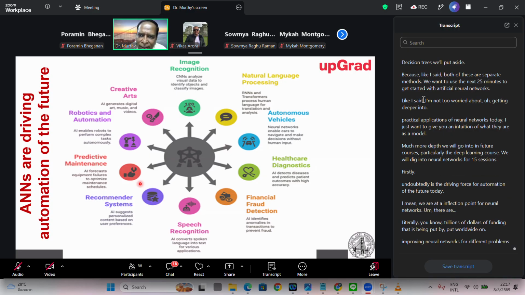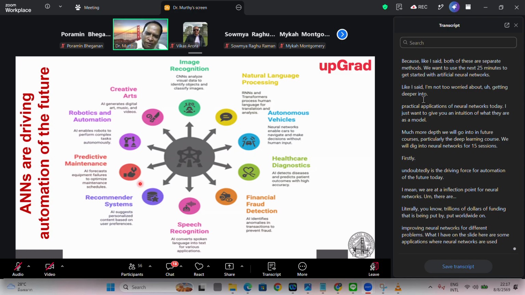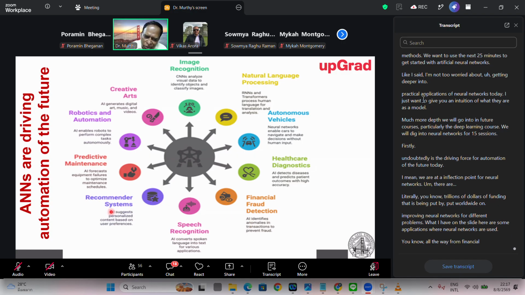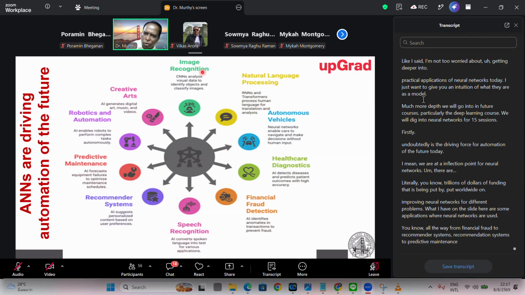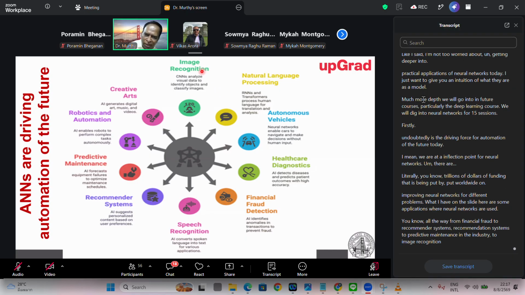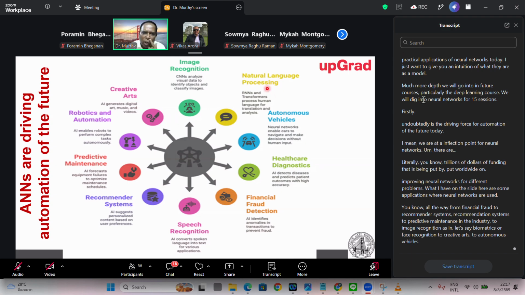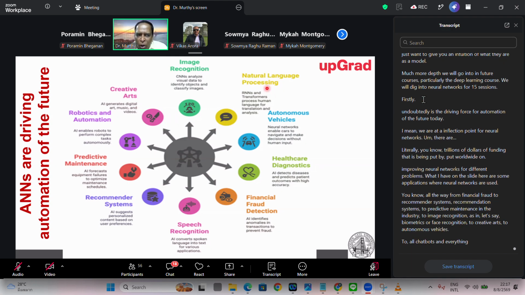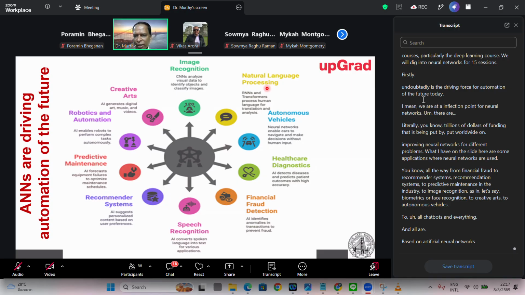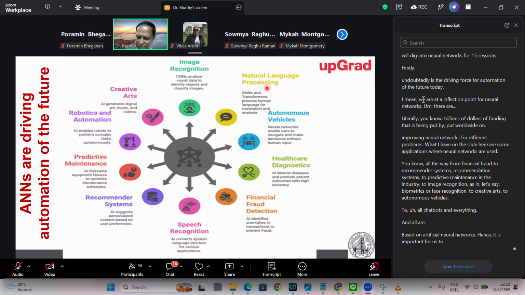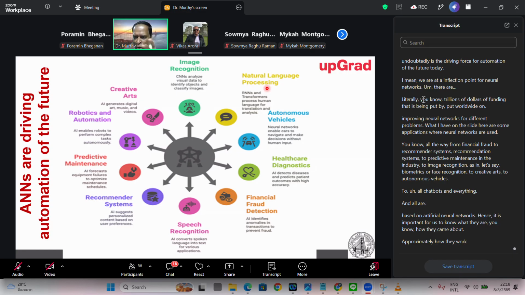On the slide are some applications where neural networks are used, all the way from financial fraud, to recommendation systems, to predictive maintenance in industry, to image recognition, as in biometrics or face recognition, to creative arts, to autonomous vehicles, to chatbots and everything. All are based on artificial neural networks. Hence, it is important for us to know what they are, how they came about, and approximately how they work. That's my scope today.